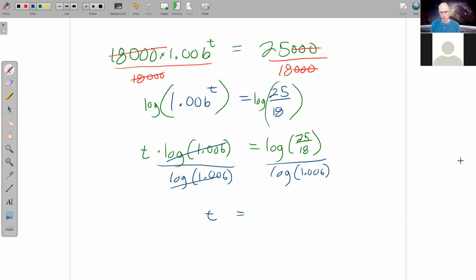So back here, I'm going to say t is about 55 years. And again, that would be years after 2020.